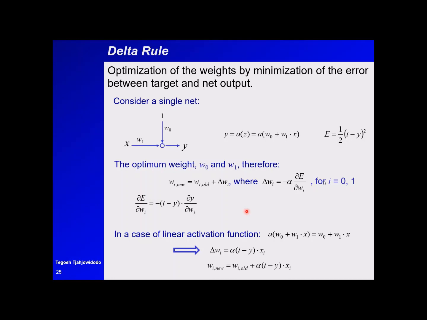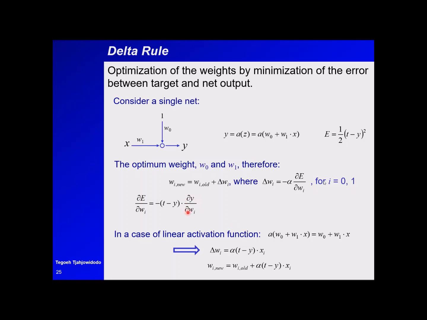In a case where we don't have an activation function, so we have only a linear activation function where the output of the activation function will be equal to Z itself, the input to the activation function itself, the output Y then will be equal to this.